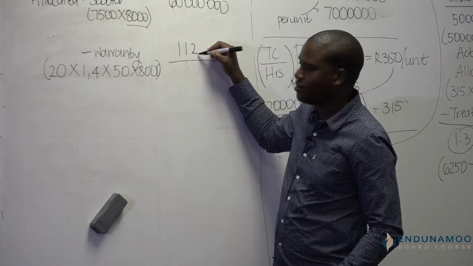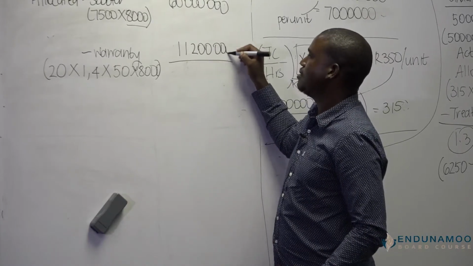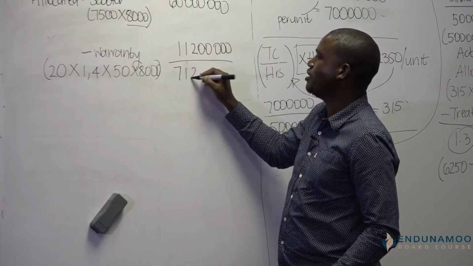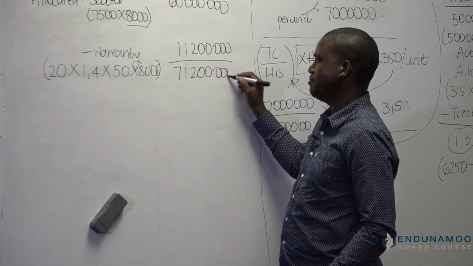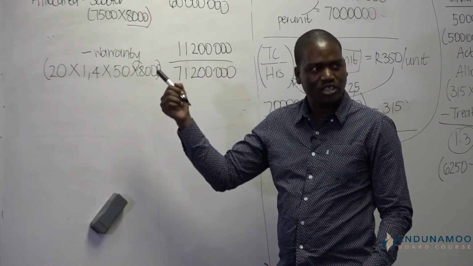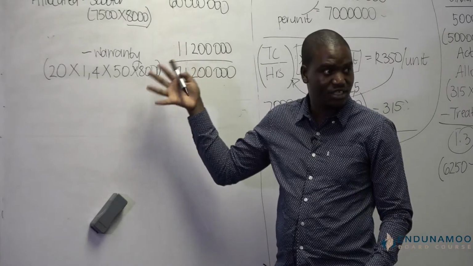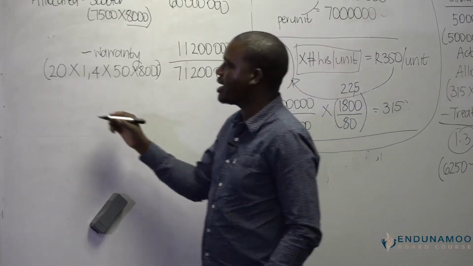That is 11,200. So the total is 71,200, right? That is what you would need to pay to get these two. But what were the customers paying?